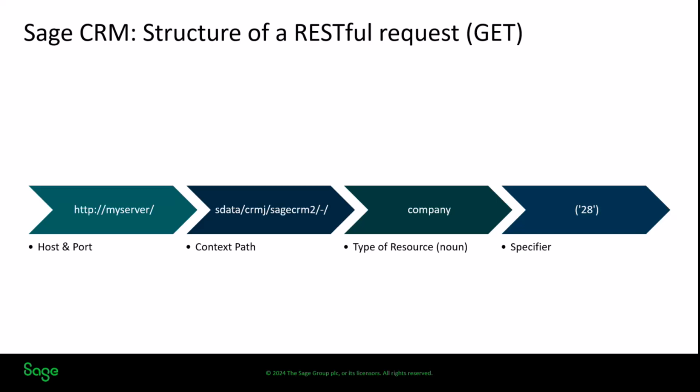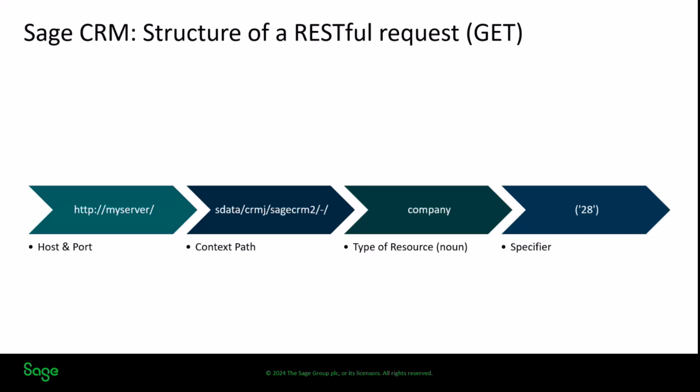But when it comes to the host and port and the context part, we're saying that we're talking to the SData endpoint, we're talking to the particular instance of CRM, and we're then talking to the REST API, which uses the Sage CRM 2 URL fragment. Then we have inside that the resource being accessed, the company, with the unique identifier being passed as the specifier.